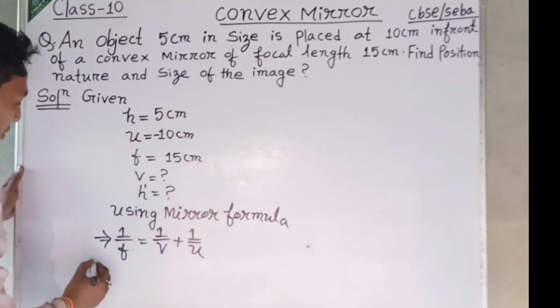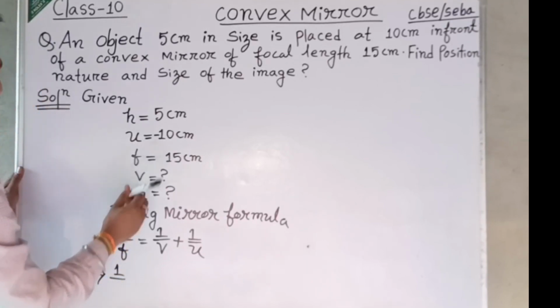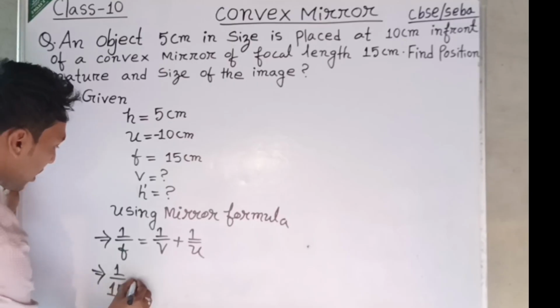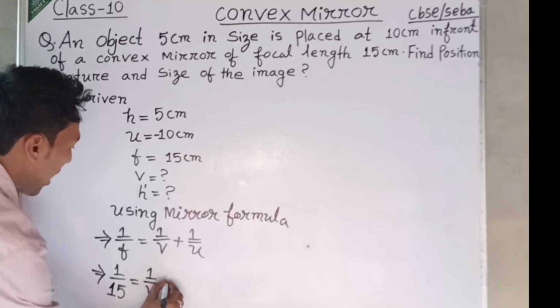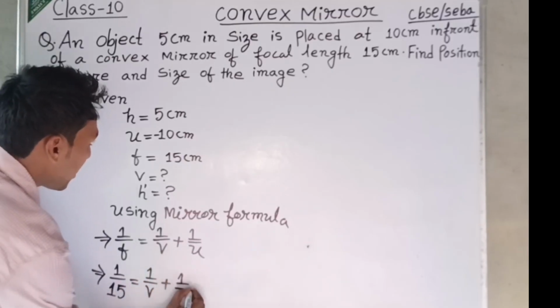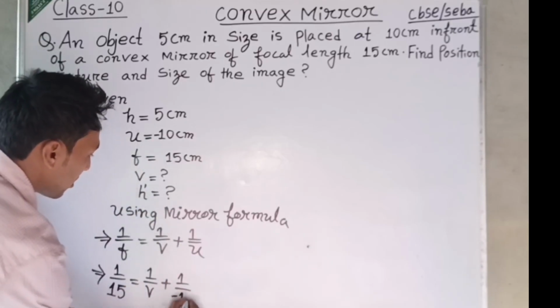Now you place the value. F means 15, so write here 15 equal to 1 by v value I will find now, plus u means 10, so write here 10, but here we have minus sign, don't forget to use this minus sign.